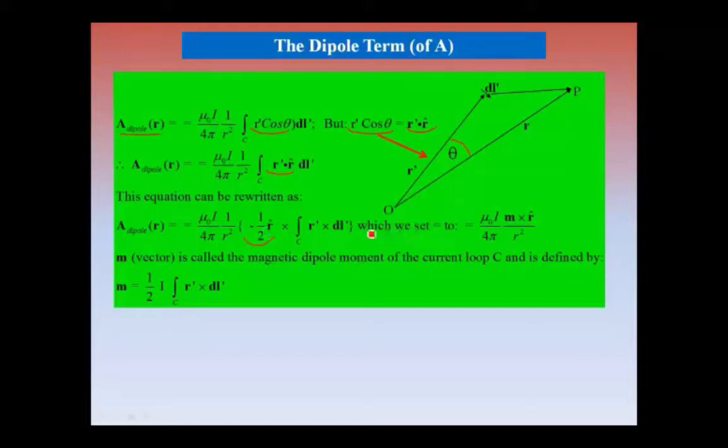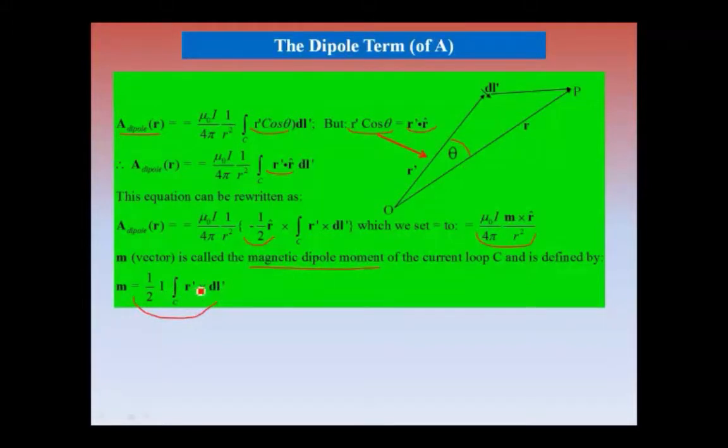If we look at this whole system here, we can set it equal to this quantity right here. Here's the prefactor. Here's the 1 over R squared. If we identify m as the magnetic dipole moment of the current loop, we can see that m is this quantity right here. It's going to be 1/2 I times r prime cross dl prime.